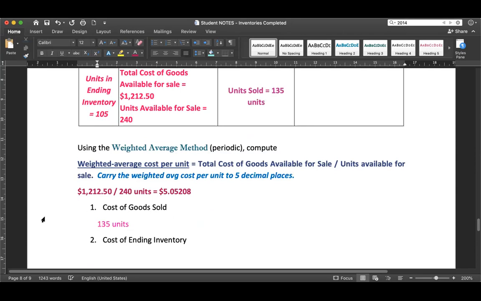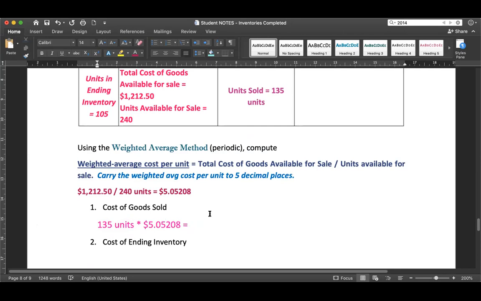So we have 135 units, and we're going to multiply each of those units times 5.05208. And let's see, 5.05208 times 135.